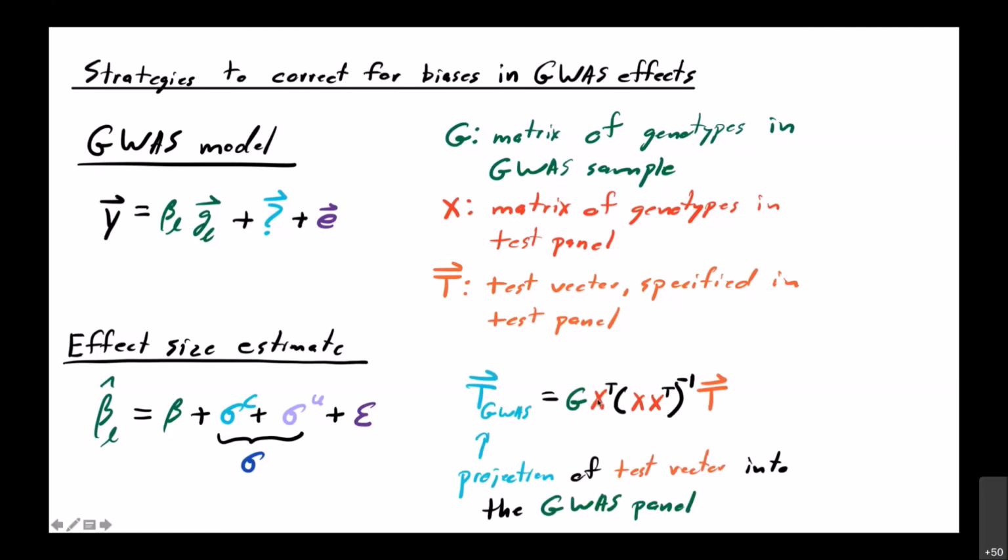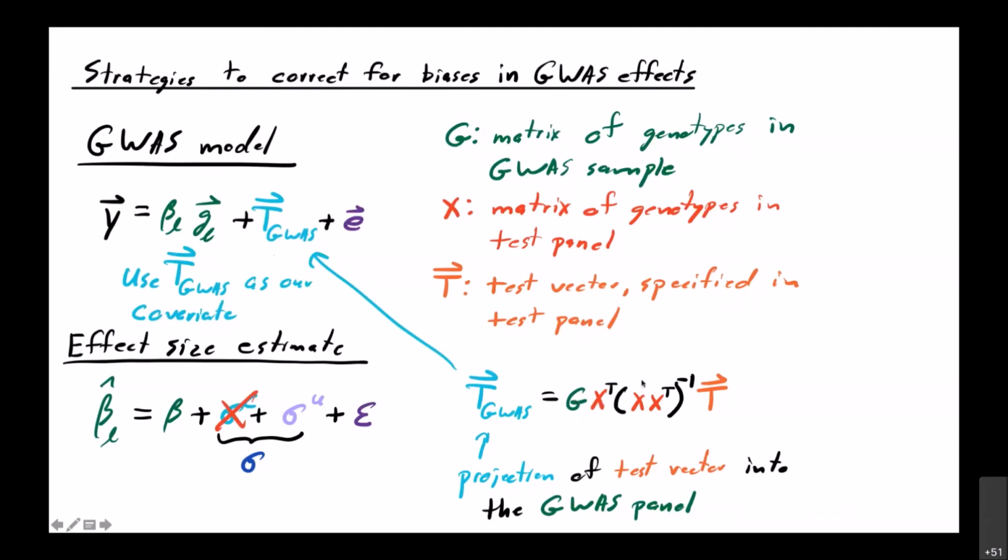So then we're going to compute a projection of this test vector into the GWAS panel. If the test vector is indicated by T, then I'll write this projection as T GWAS. And then I include this projected test vector as our covariate.